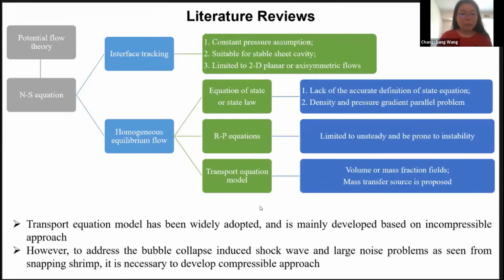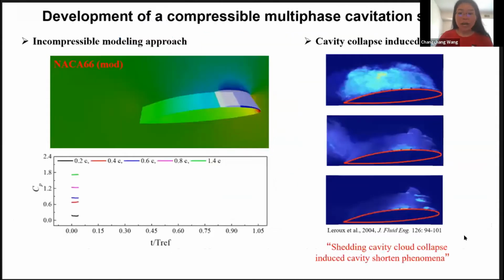However, to address the bubble collapse-induced shockwave and loud noise problems, as seen from the stepping shape, it is necessary to develop a compressible approach. Before I talk about the compressible approach, firstly, I'd like to present the results obtained from the incompressible approach.